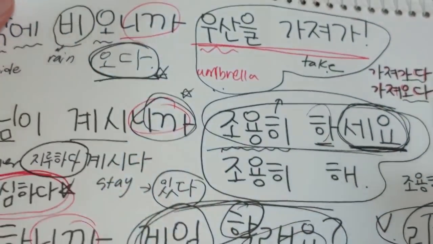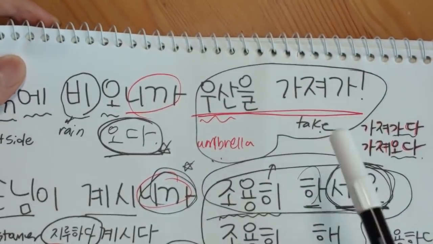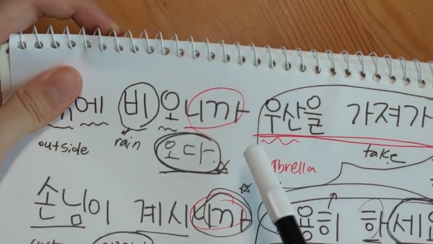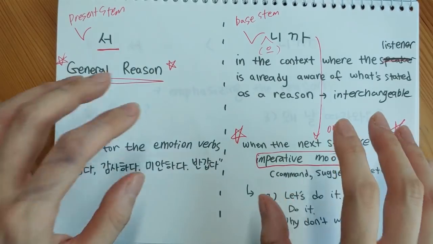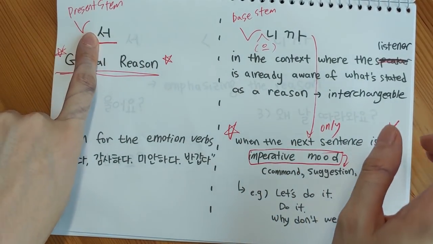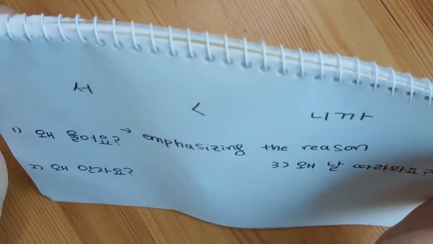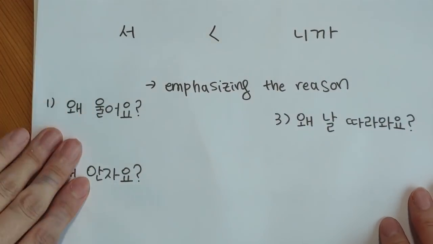So here, in sentences where the sentence that comes after the conjunction is in imperative mood, you have to put the 니까 conjunction, not the 서 conjunction. So these are the major differences in usage between 서 and 니까. And there is actually one more difference that I would like to add.